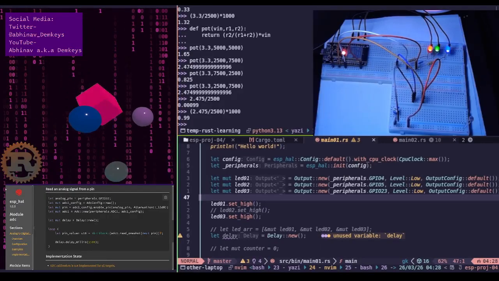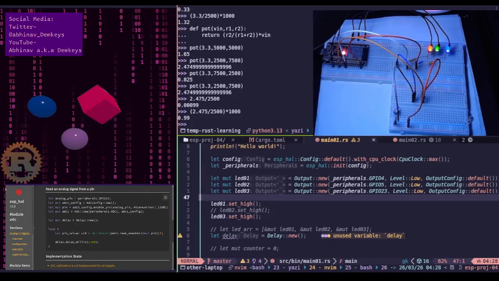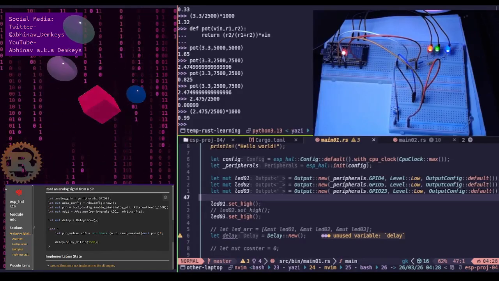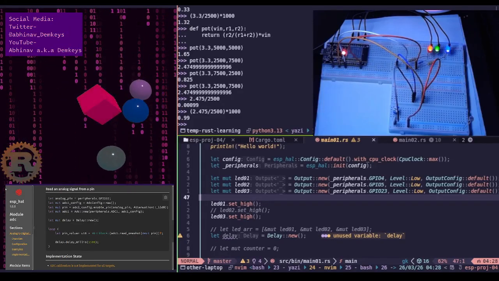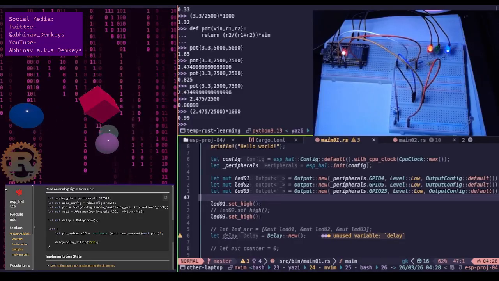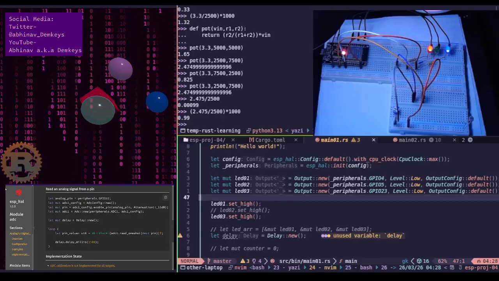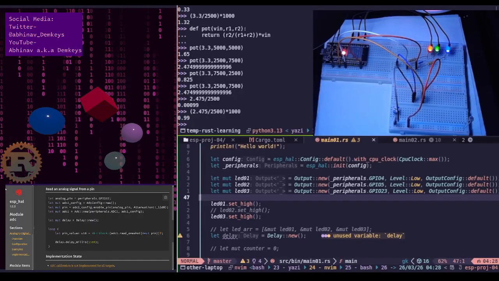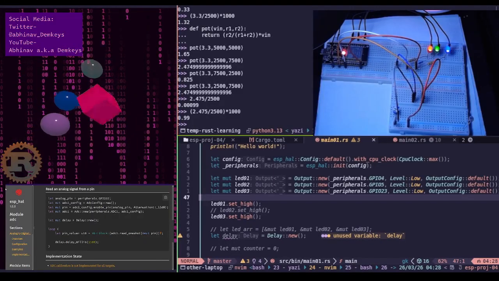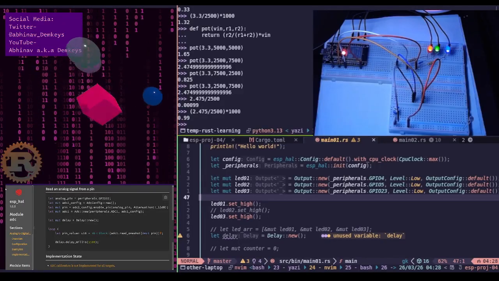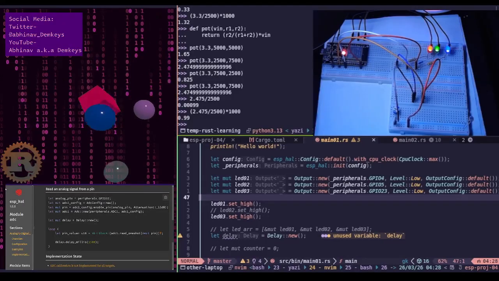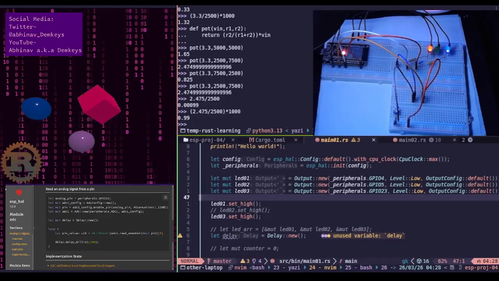Okay, working with no STD Rust on an ESP32 is a bold move. It's efficient, but as you've discovered, it forces you to face the hardware's quirks head on. I'm realizing that. Yes, I'm definitely noticing much more of the implementation details being exposed to me compared to when I was using MicroPython.